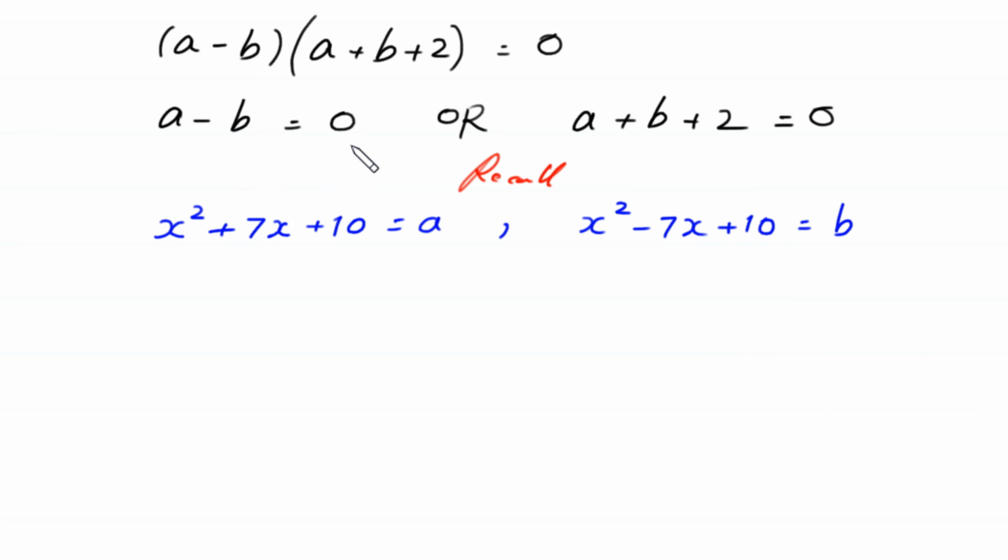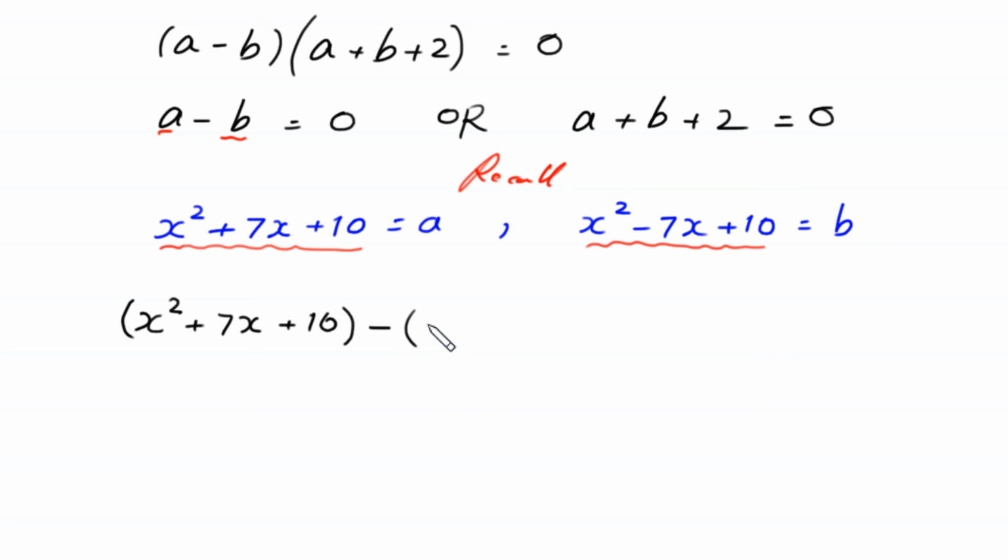Now first in this equation we put the value of a, x squared plus 7x plus 10, and in place of this b we put the value of b, x squared minus 7x plus 10. Then this equation becomes x squared plus 7x plus 10 minus (x squared minus 7x plus 10) is equal to 0.